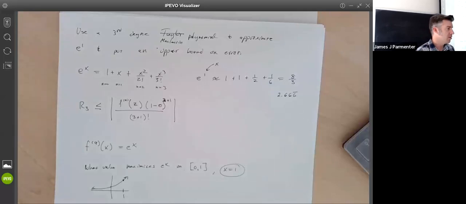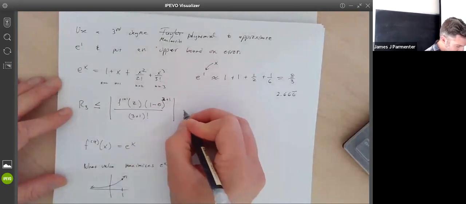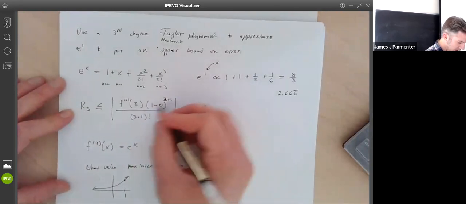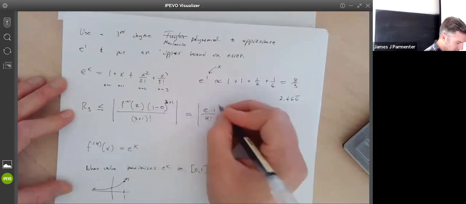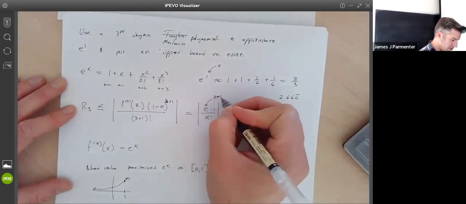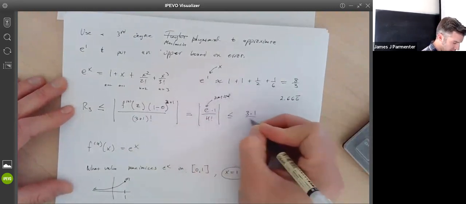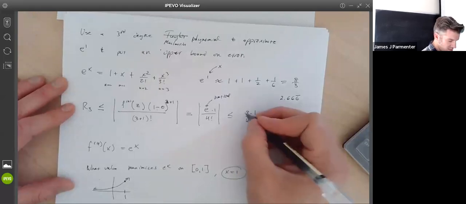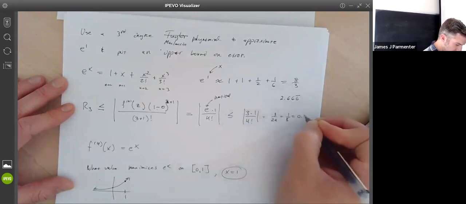So what we often do when one of these values is something we shouldn't technically know, because we're trying to approximate that thing in the first place, is to say this is certainly equal to e times 1 over 4 factorial. And then we round up our irrational number to the next whole number. So that's definitely less than or equal to 3 times 1 over 4 factorial, which is 3 over 24, which is 1/8, which is 0.125.